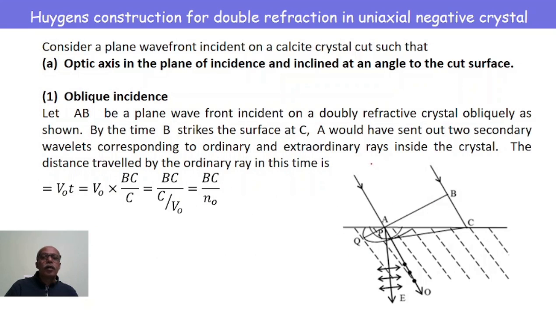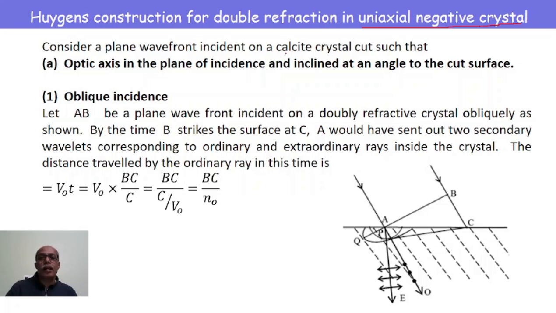Now, coming to the Huygens construction for double refraction in uniaxial negative crystals. We are considering uniaxial negative crystals. In a uniaxial negative crystal, we study double refraction by making use of Huygens theory.